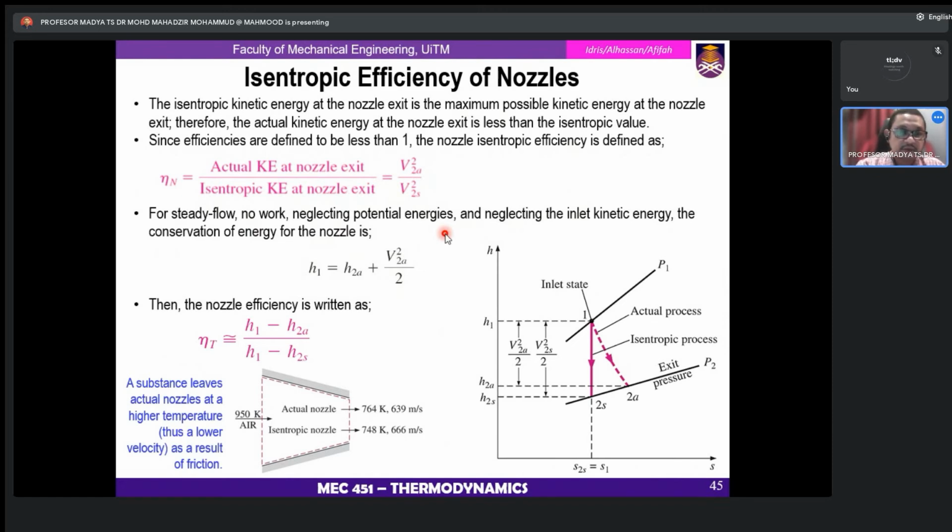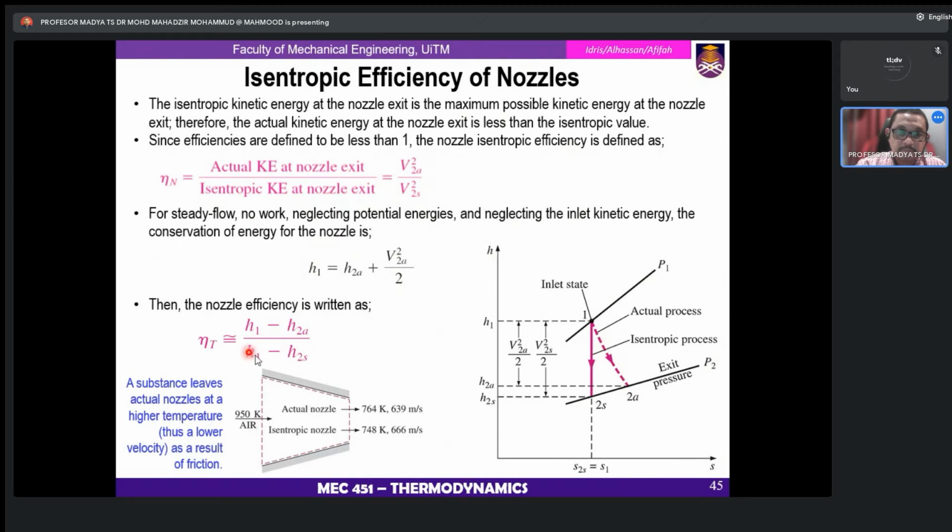So then the nozzle efficiency can be written as H1 minus H2A, based on this equation and this diagram, enthalpy versus entropy. For the nozzle, this is the ideal, and the dotted line is the actual process.